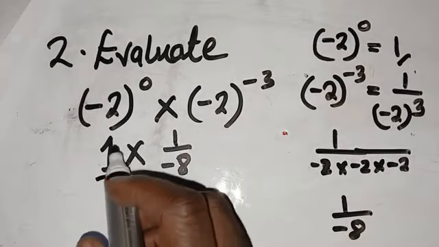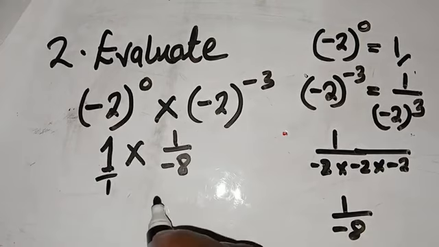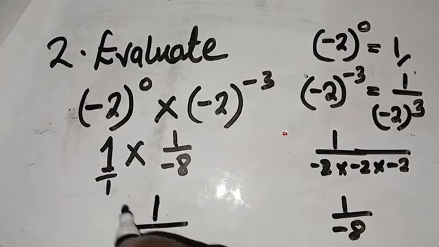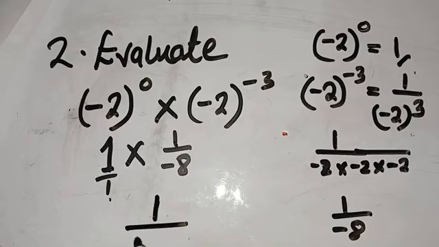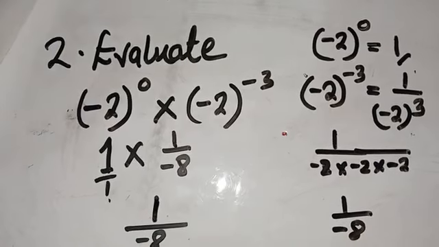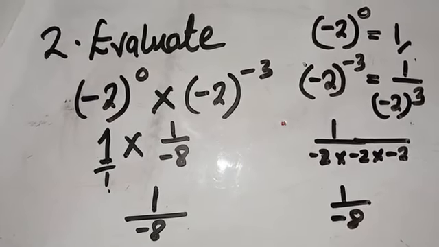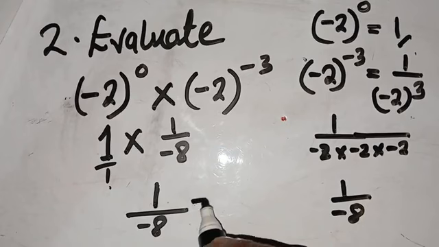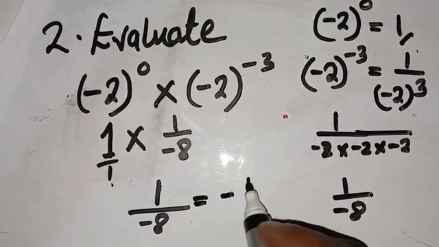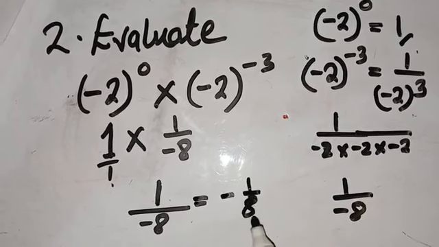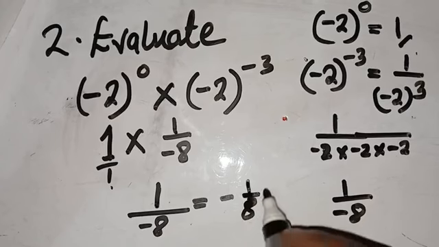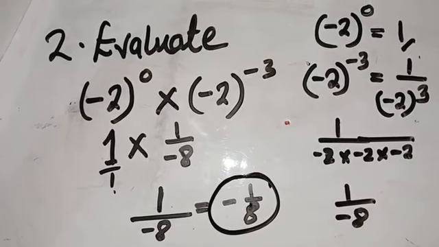When you multiply 1 by 1, you will still get a 1. 1 by negative 8, you still get negative 8. Now, since this is a fraction, we'll write it like minus 1 over 8. That is what is going to be our answer.